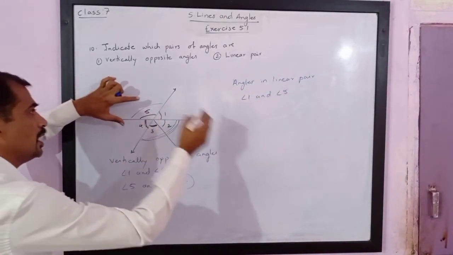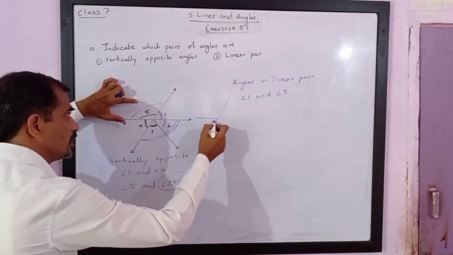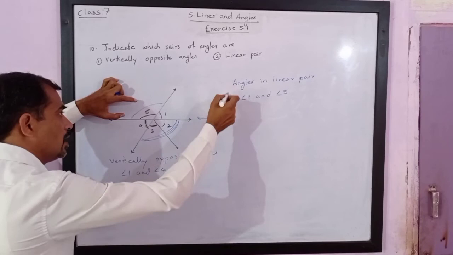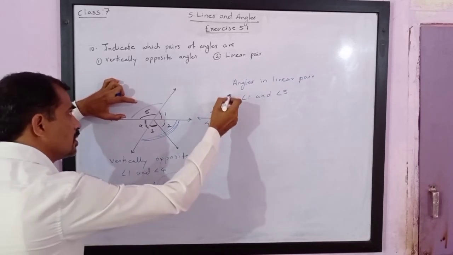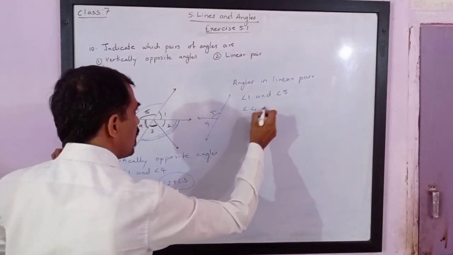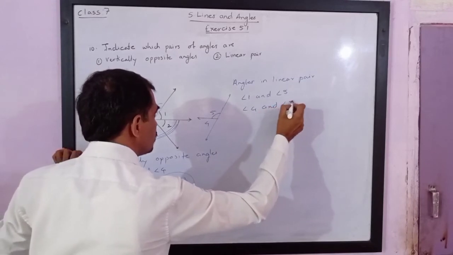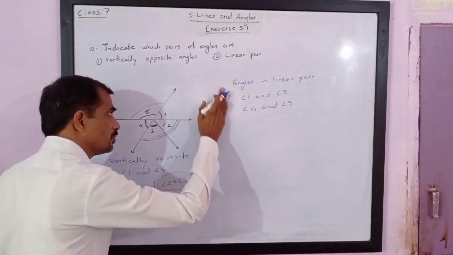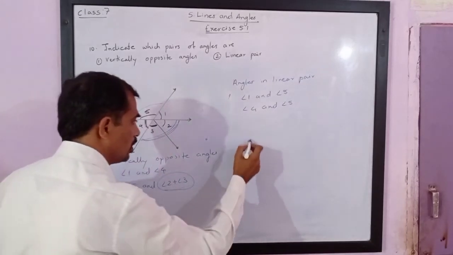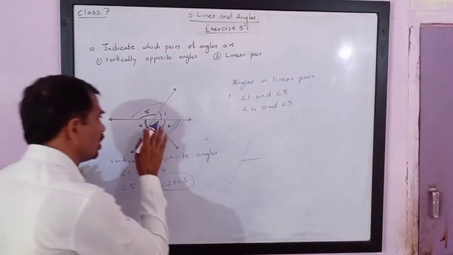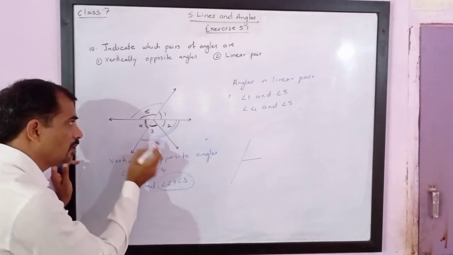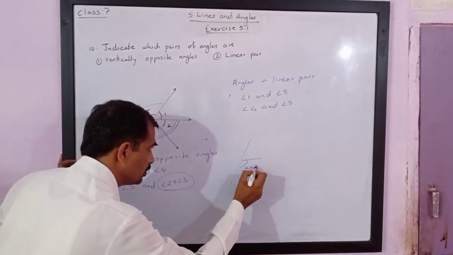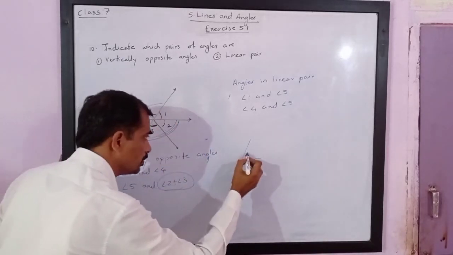Then if you take this, you will notice 5 and 4. This is a common arm and the uncommon arms are opposite rays. So angle 4 and angle 5 also form a linear pair. Now if you take this, I have not drawn this third angle, so I am taking this angle as 2 plus 3 and angle 1.